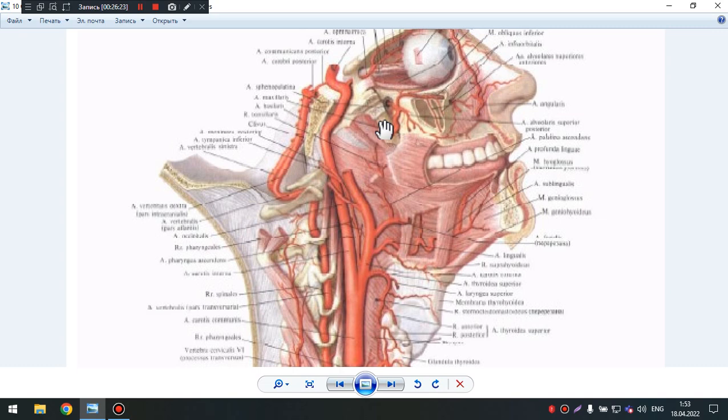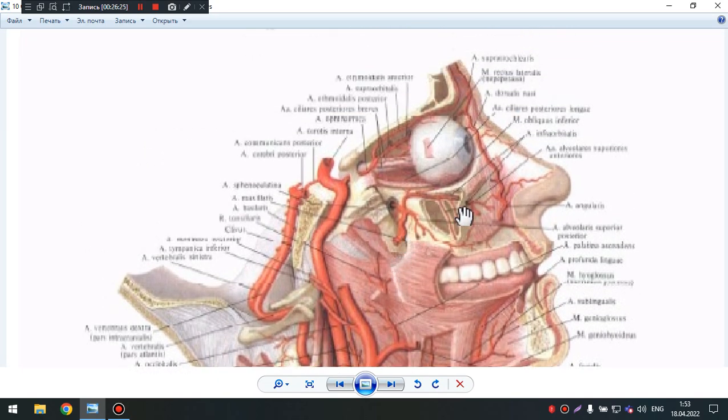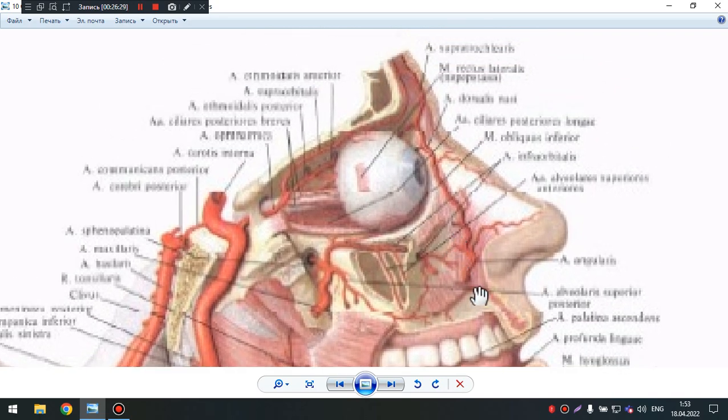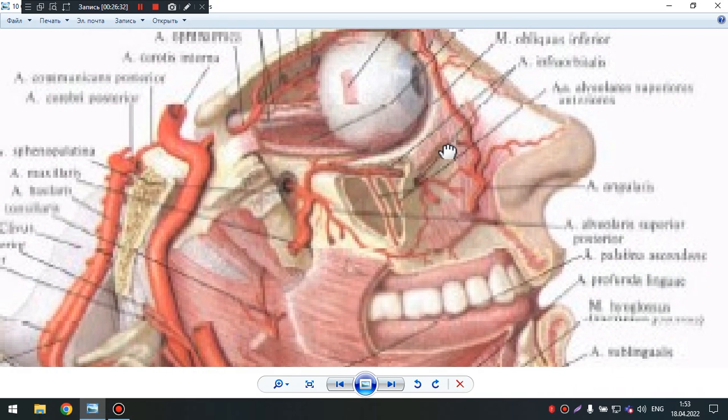On the maxillary artery we can see the very important infraorbital canal. Characteristic of the blood supply of the upper teeth: incisors and canines are blood supplied from the infraorbital artery. Premolars and molars from the posterior superior alveolar arteries.